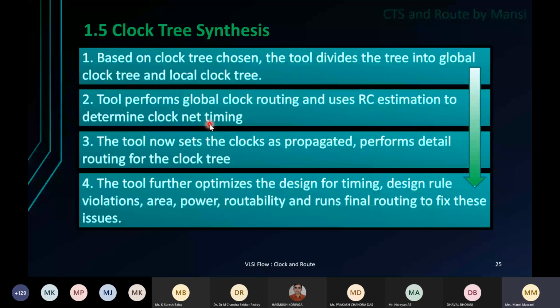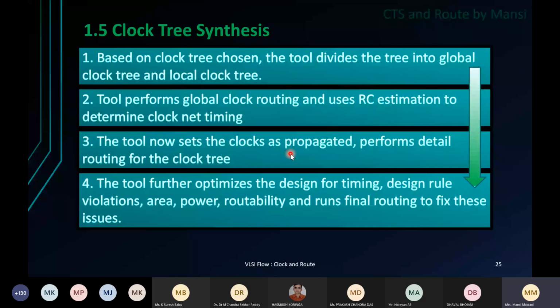Then it says, okay, I have done the global clock routing and I know these are the delay values, so let me start propagating the clock. Now it actually propagates the clock through those wires and performs the final detailed routing for the clock tree. The detailed routing part is from the big wires or the clock buffers to the final clock pins.